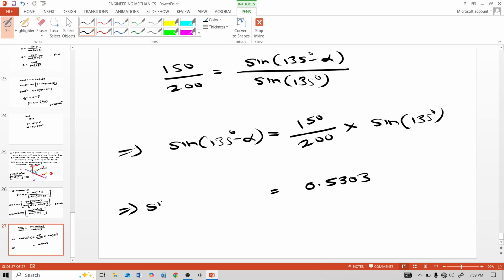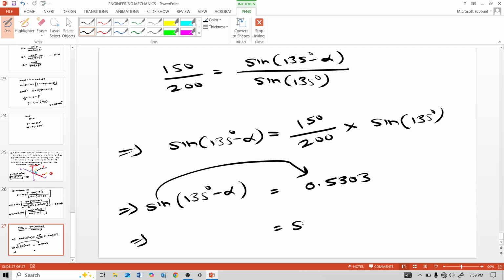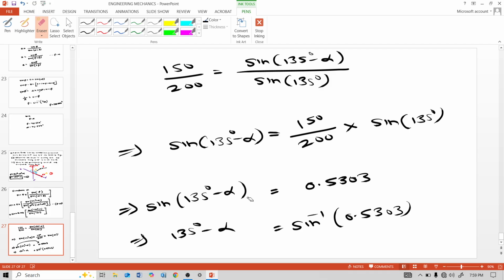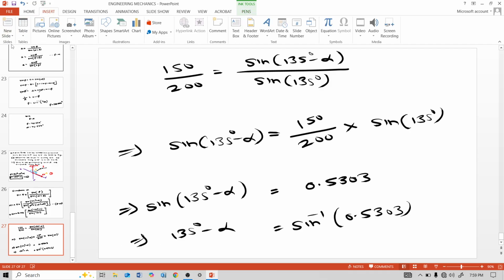And this is sine of 135 degree minus alpha. So we take this sine to the other side, and it becomes sine inverse of 0.5303, and only 135 degree minus alpha remains.